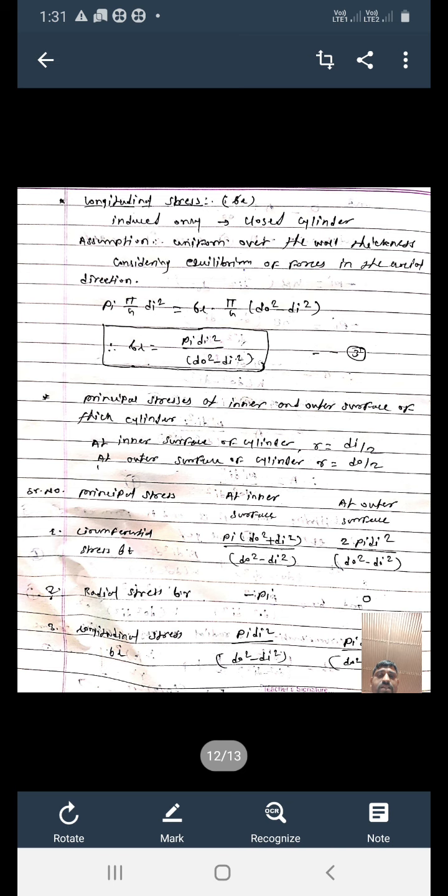Radial stress sigma r is minus pi at the inner surface, and at the outer surface you will get 0. Longitudinal stress sigma L at the inner surface is pi di square divided by do square minus di square, and the same pi di square divided by do square minus di square at the outer surface.